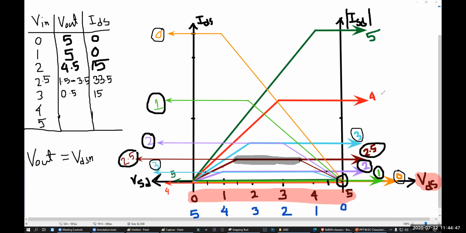Now for 4. 4 is the red one here. Where do they intersect? One 4 is like this, another 4 is like that. The intersection 0 point, ma'am. Exactly. They intersect at 0 here.